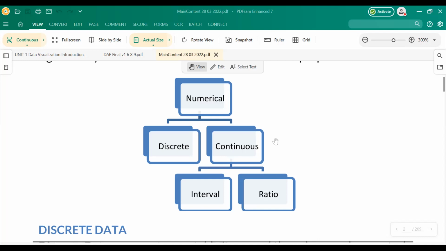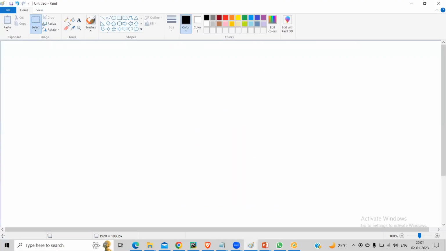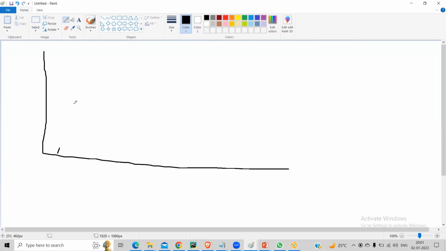Let me show you one example here. If I have to draw discrete data, I will show you something like this. Let's say 5, then 7, then 8. After this, directly it became this.